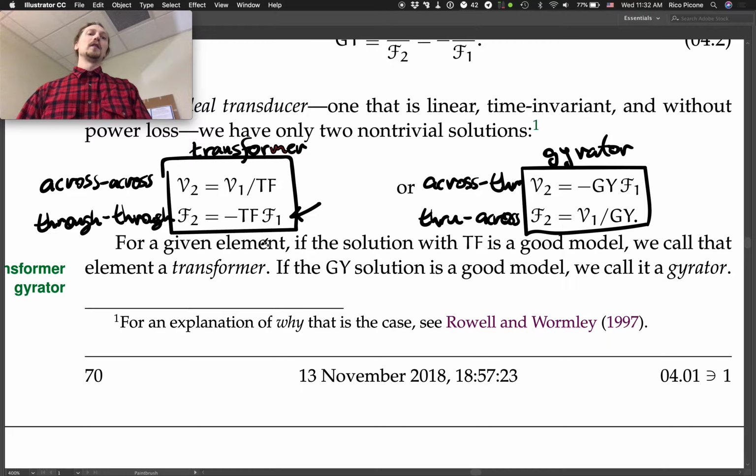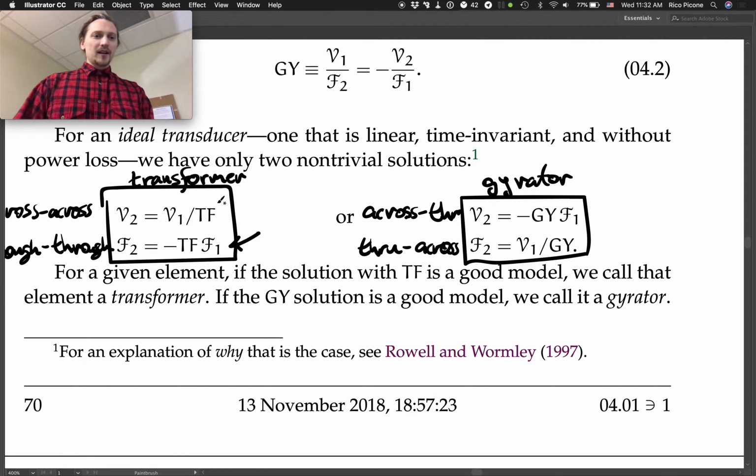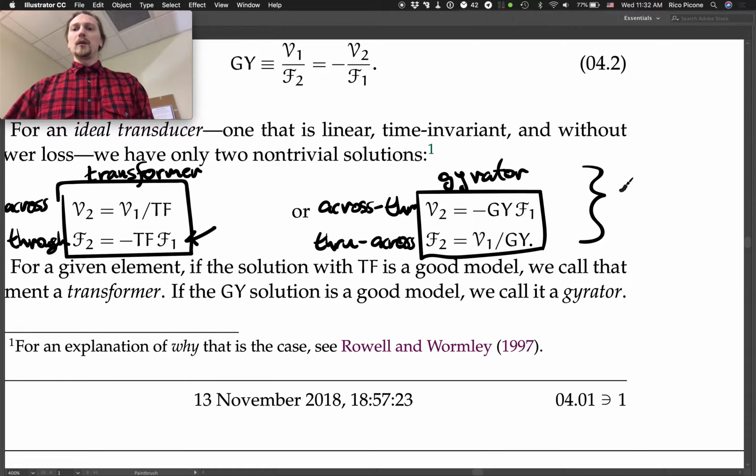We could use inspection here. It's pretty easy to identify what TF is, but let's actually solve algebraically for what TF should be. One thing I forgot to mention is that we call these the elemental equations for a transducer.